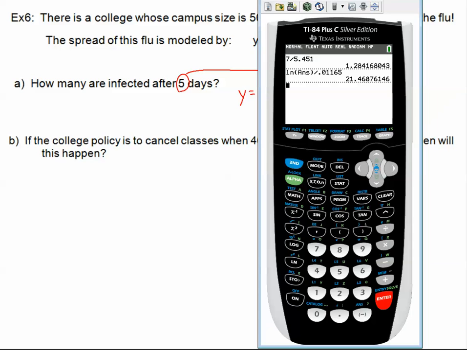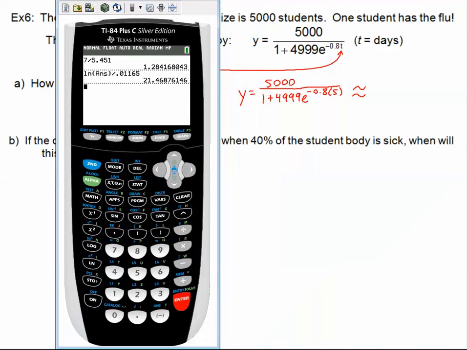You can try to plug all of this into your calculator all at once if you really want to. I might just do it in pieces and figure out what negative 0.8 times 5 is. That's the exponent that I'm talking about. And then I need to do e to that number.